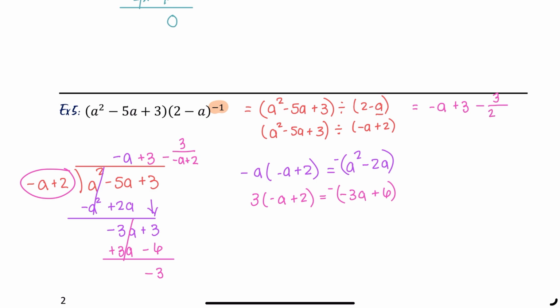And I'm going to go ahead and switch that divisor back to what it was originally, that 2 minus a. And that's going to give me my quotient of negative a plus 3 with a remainder of negative 3 over 2 minus a.